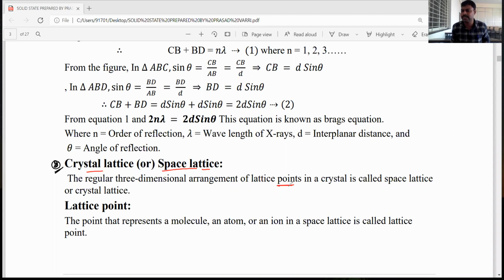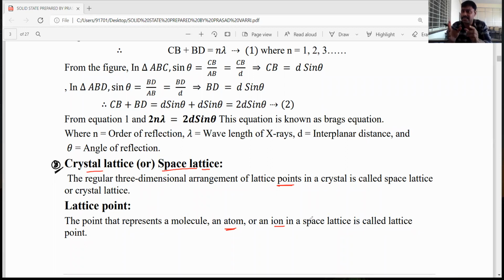Lattice points arranged in a three-dimensional manner are known as a crystal lattice or space lattice.